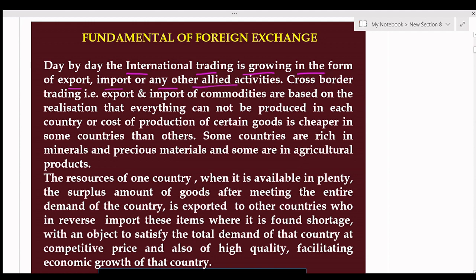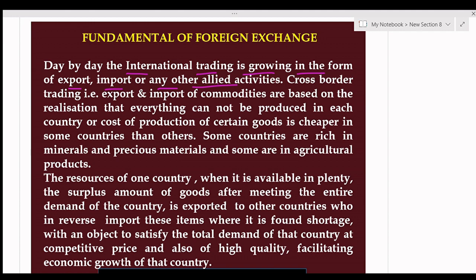Other allied activities means when a student goes abroad for study, or a person goes abroad to avail medical treatment or for tourism, all of them have to pay their liabilities in foreign currencies, that is in dollar, euro, pound, etc. On the other hand, when a person living abroad remits part of his income to India in foreign currency like dollar, it will be converted to domestic currency.